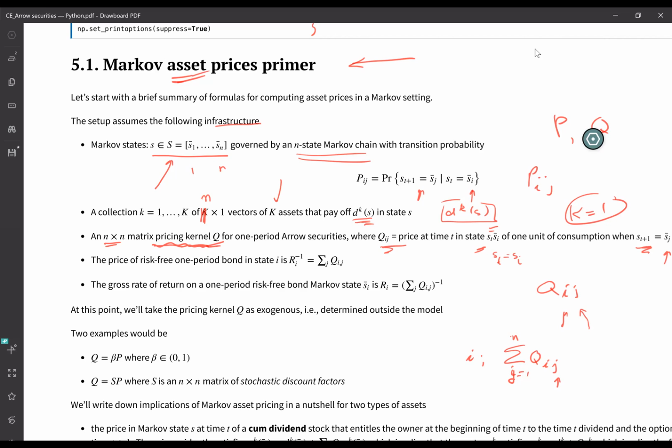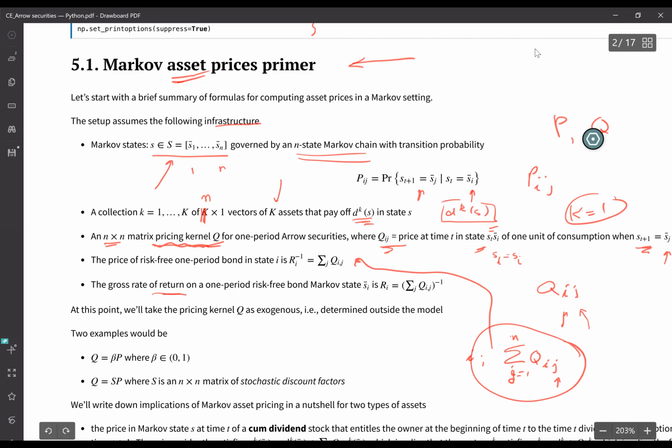And this is the price today of 1 unit of consumption for sure. So that's the price of a risk-free 1-period bond. So then the gross rate of return on a 1-period risk-free bond is just its reciprocal. So this is the gross risk-free return today in state i. That's what that is.